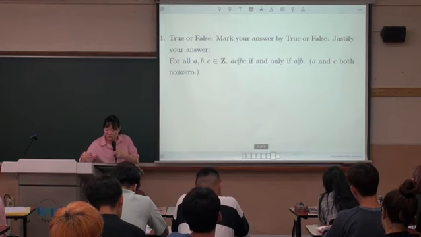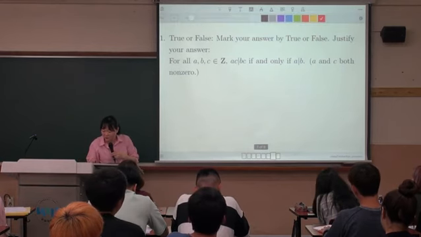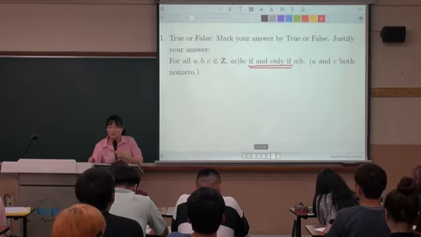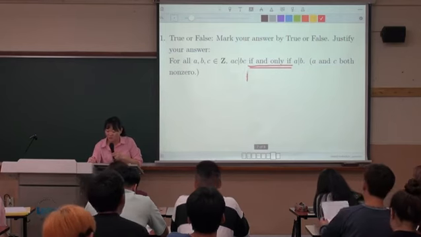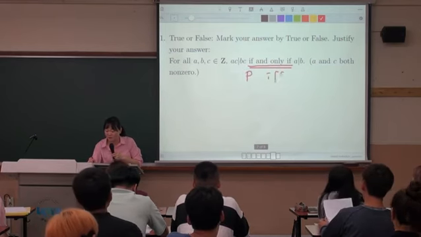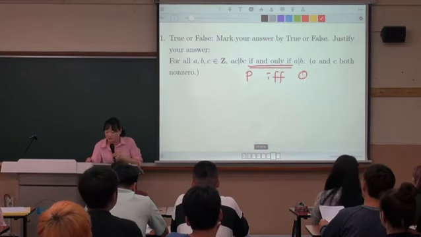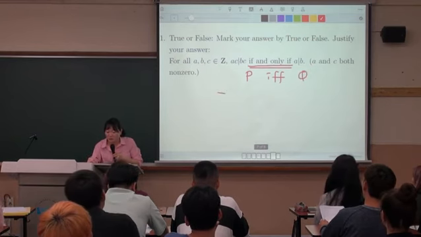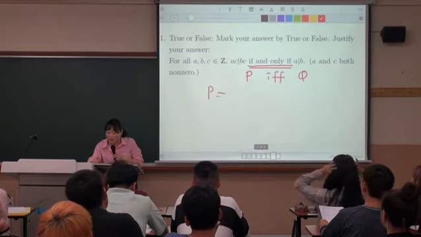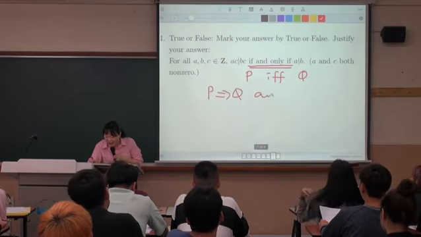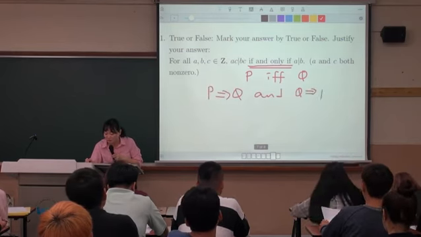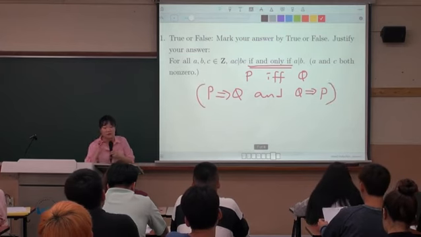So first of all, it is if and only if. What's if and only if? If and only if means P implies Q and Q implies P together. Okay? Yeah.